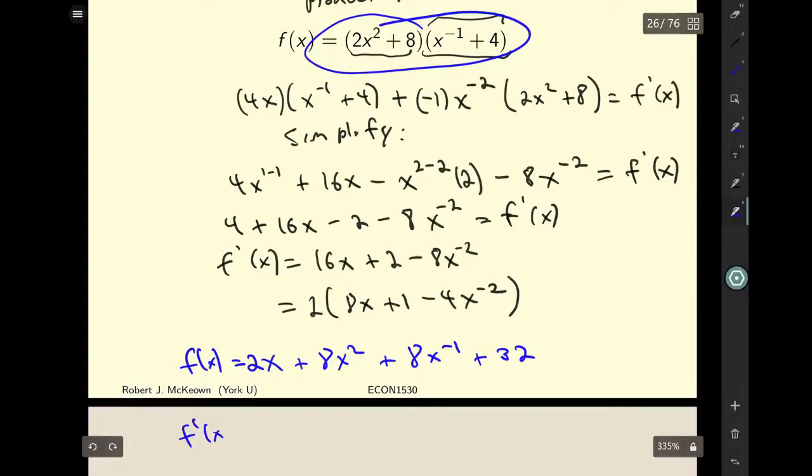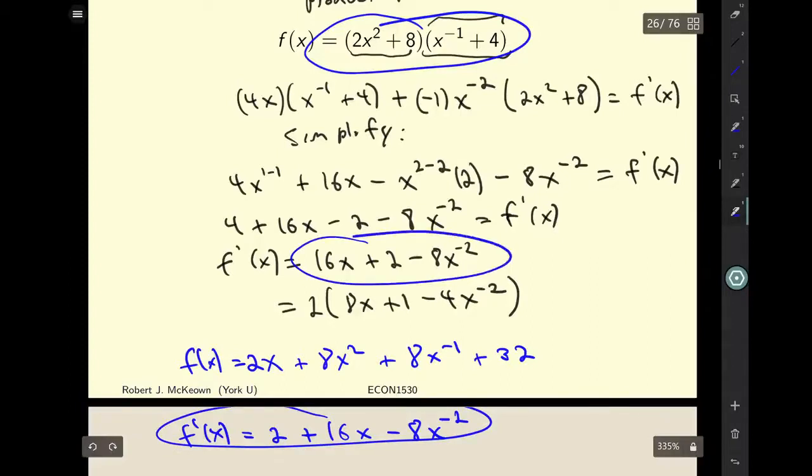Now, if I use the power rule on each of the individual terms, I get 2 plus 16x minus 8x to the negative 2. And that's the same thing that I got using the product rule.